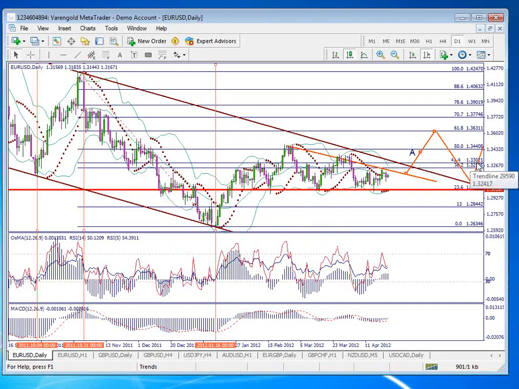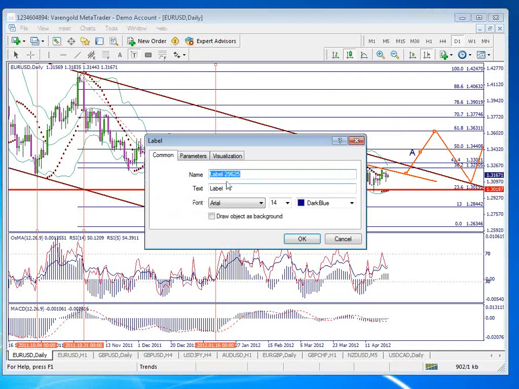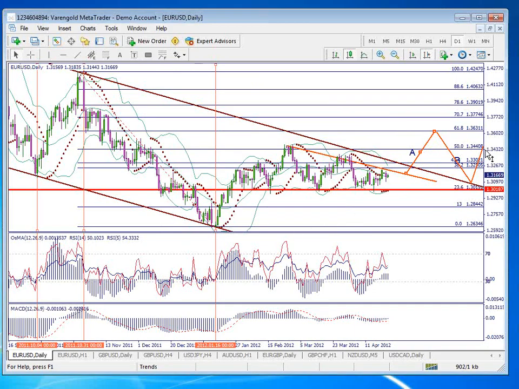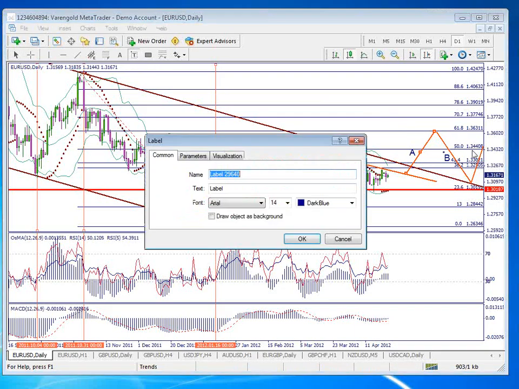Wave A will be equal with wave C or something like that. Wave B here we will put, and the last wave, wave C.